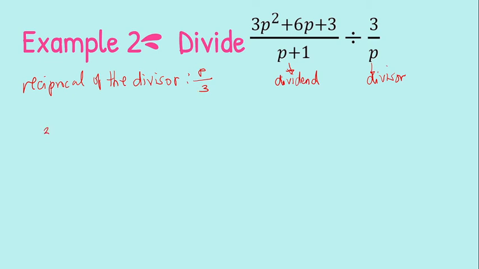So we now rewrite 3p squared plus 6p plus 3 all over p plus 1 times p over 3. Now, we're going to factor first the numerator, which is 3p squared plus 6p plus 3.